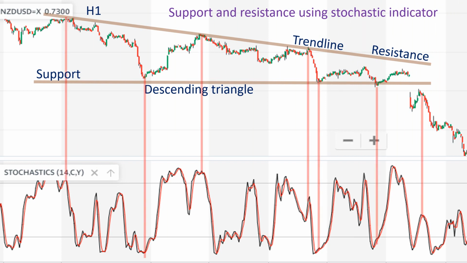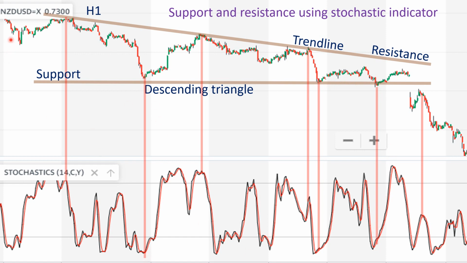These lines are connecting the points where the price hit the resistance to the stochastic indicator. Look here, I connect these two, and also the points where the price hit the support, I connect to the stochastic indicator.